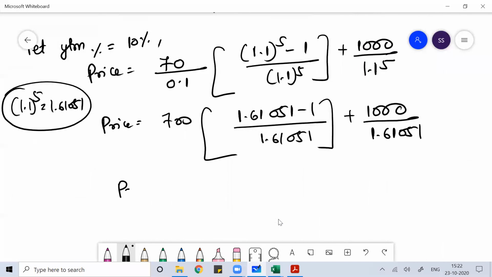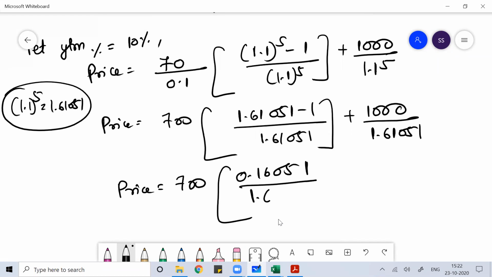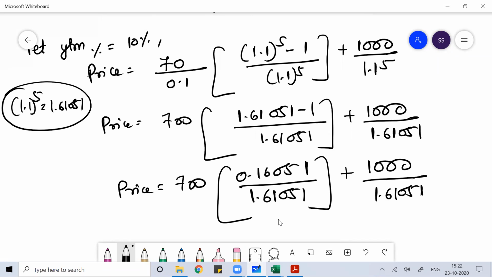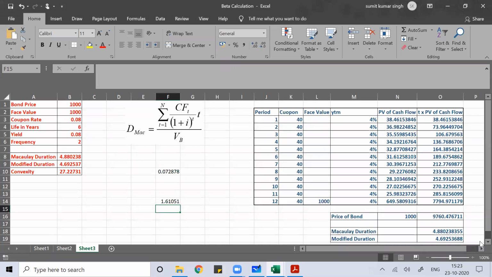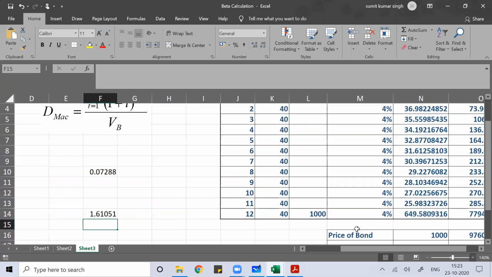The price is equal to 700 into 0.61051 divided by 1.61051, plus 1000 divided by 1.61051. Use the calculator, everyone: 700 into this minus 1, divided by this.